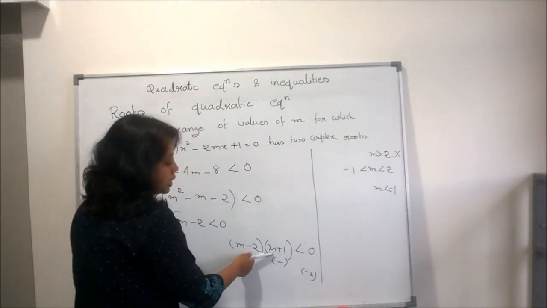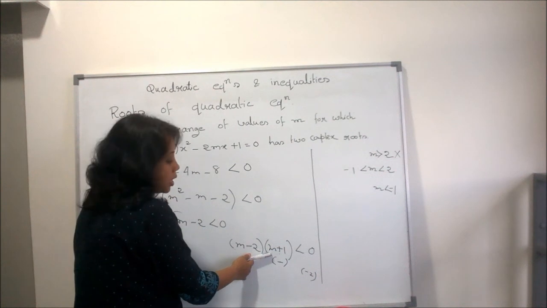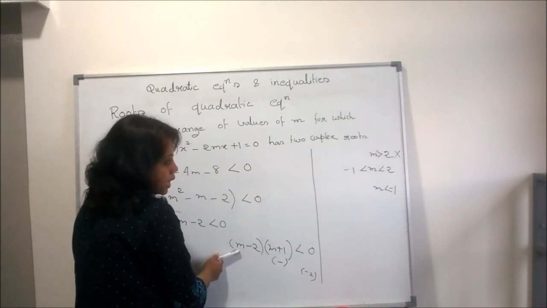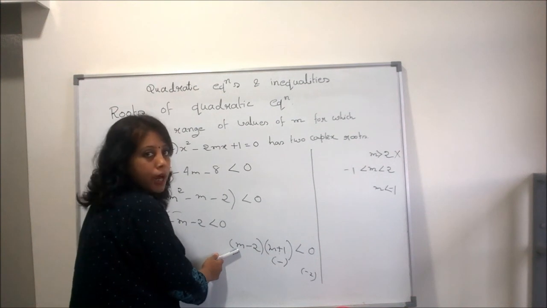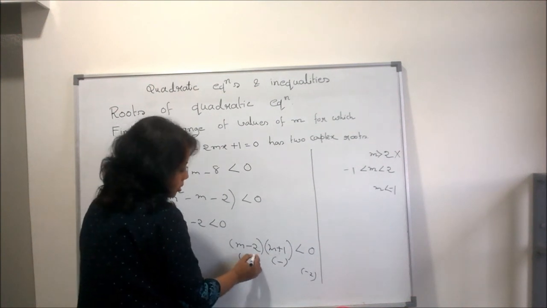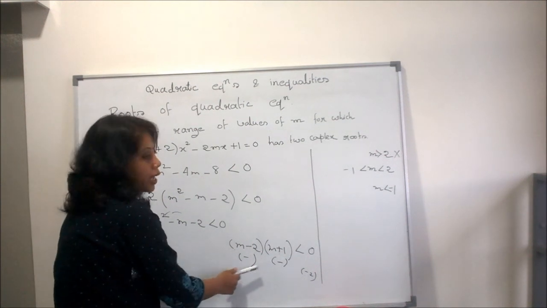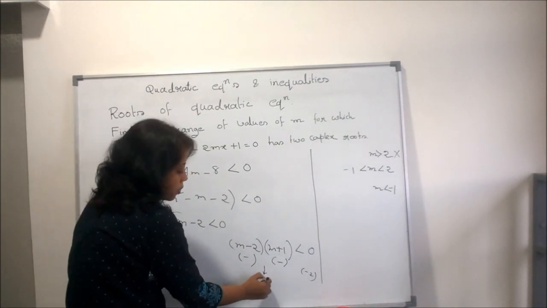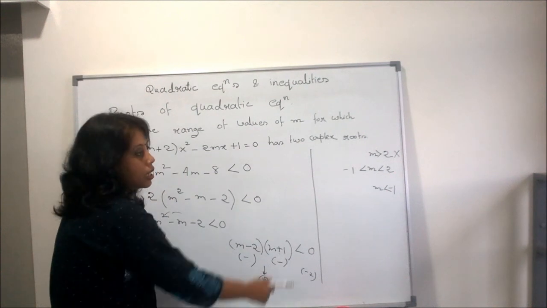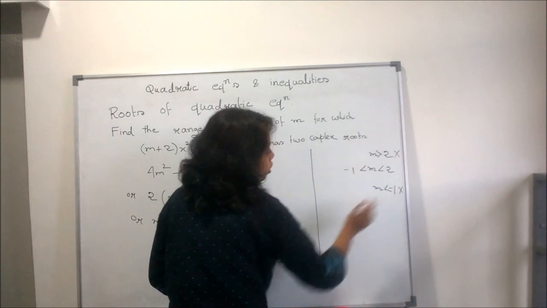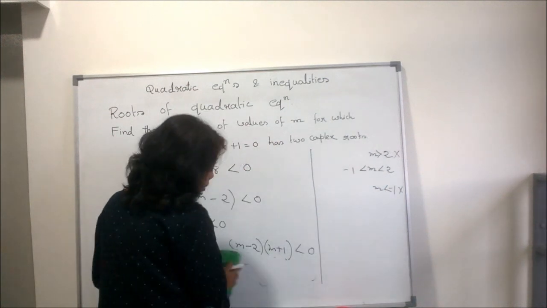If m is less than minus 1, this part also becomes negative. So multiplication of two negative numbers gives us positive, but our result is negative. So this part also is not included in our range.